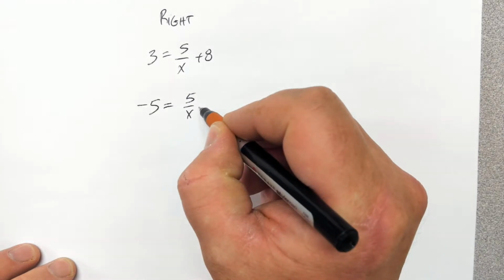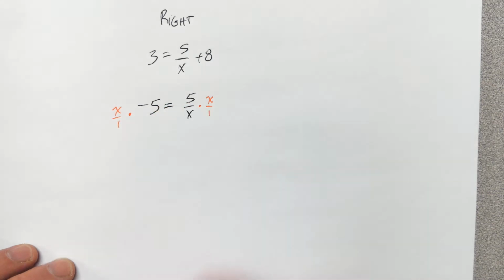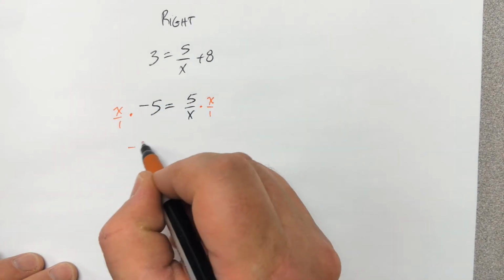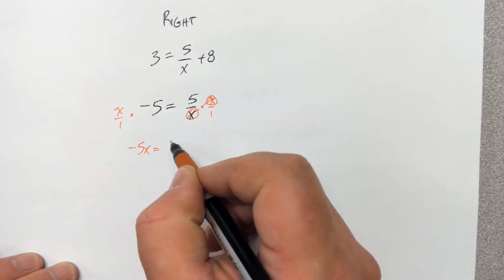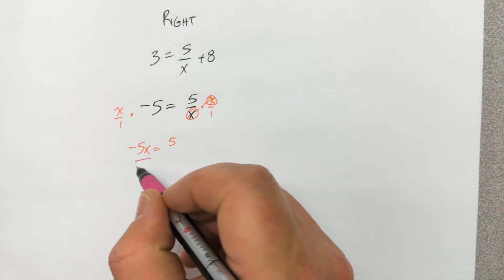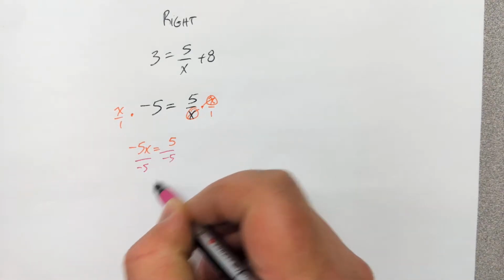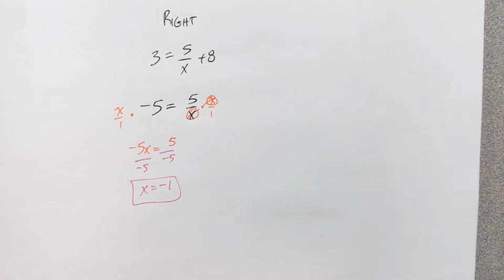Now, I want to get rid of the x. What I have to do is multiply by x over 1, both sides. And then I get -5x equals, those x's reduce, equals 5. And then I can divide. Is that what you did, Jacobo? Yeah? Look, 5 divided by -5 is -1.